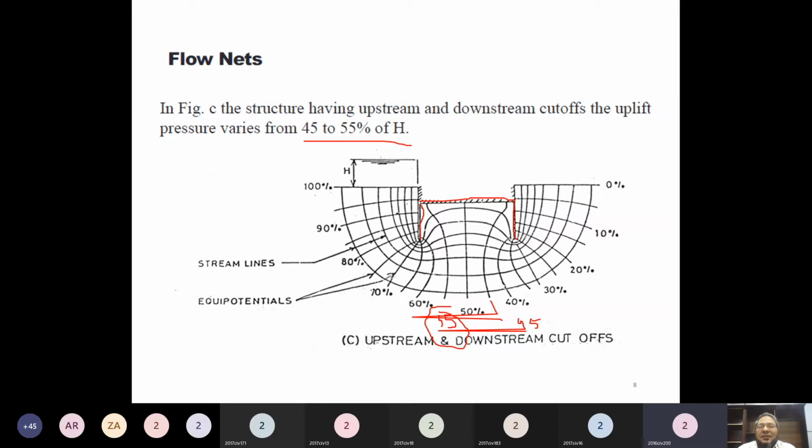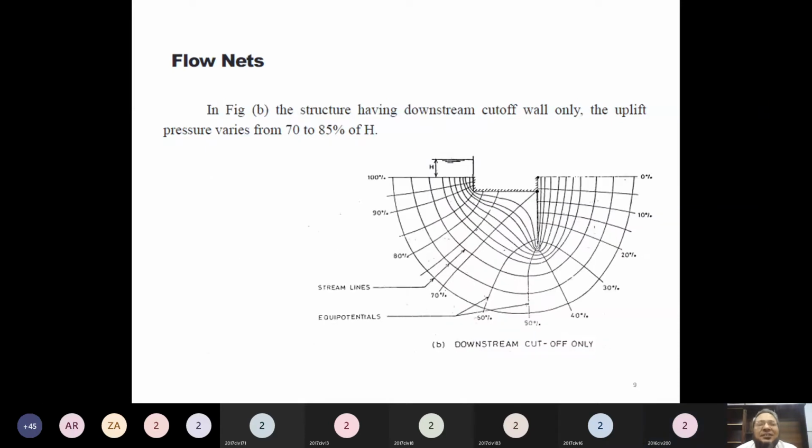All right. Now this is the third structure, and this is our concrete floor. Sorry, only this is the concrete floor, and the sheet pile is provided on the downstream side. So how much is the uplift pressure on the upstream side?